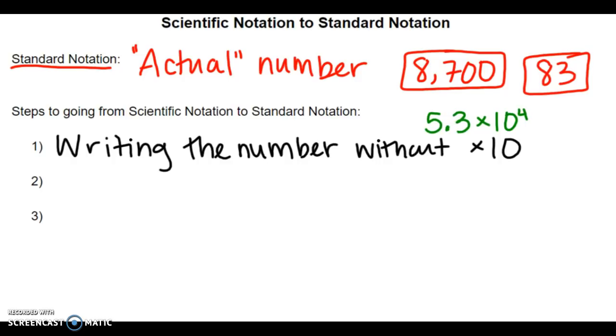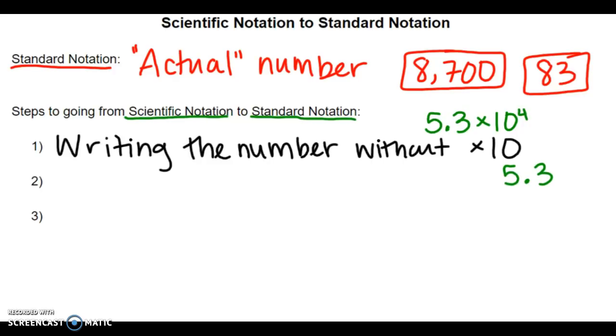You can choose to write it on the side if you would like, or you can just listen to me as I'm writing down. So if I'm using 5.3 times 10 to the 4th power as my example from going from scientific notation back to standard notation, the first thing to do is write the number without the times 10.